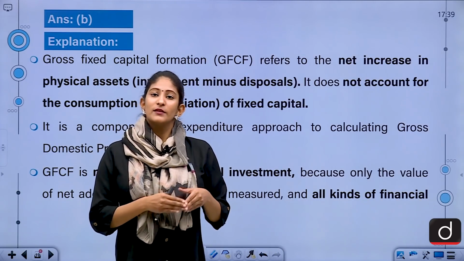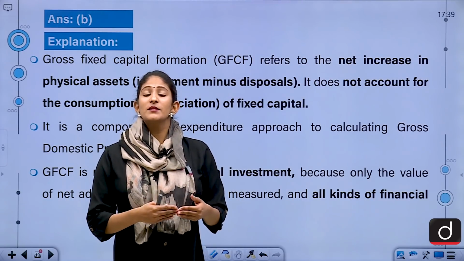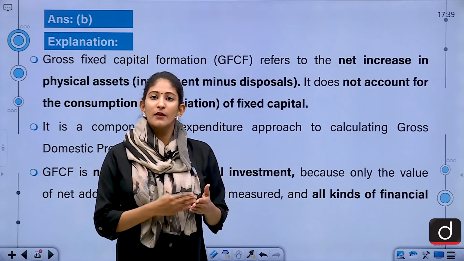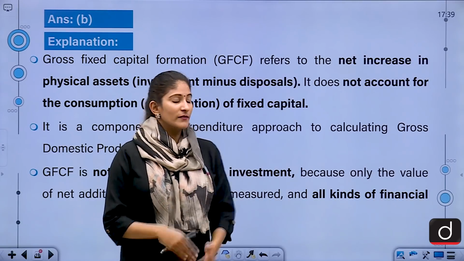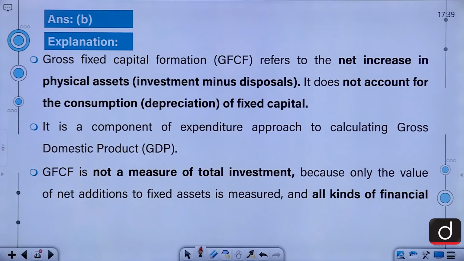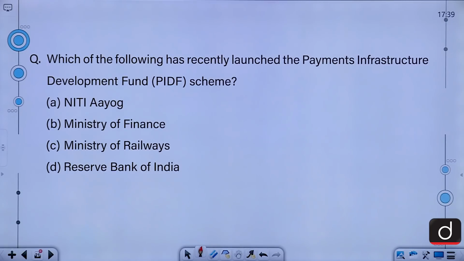And because of the declining trend of gross fixed capital formation, investments are not increasing and our economy has been stagnant in this sense or declining even. Alright, moving on. GFCF is not a measure of total investment because only the value of net additions to fixed assets is measured and all kinds of financial assets as well as stocks of inventories and other operating costs are excluded. Moving on, let's look at our next question.